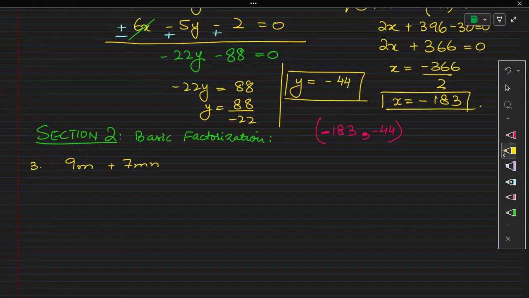So look at any number or you can think about any variable which is common. So, do you think that any variable is common? Since m is coming in both of the terms, right? M is coming in both of the terms, so we can take m common.